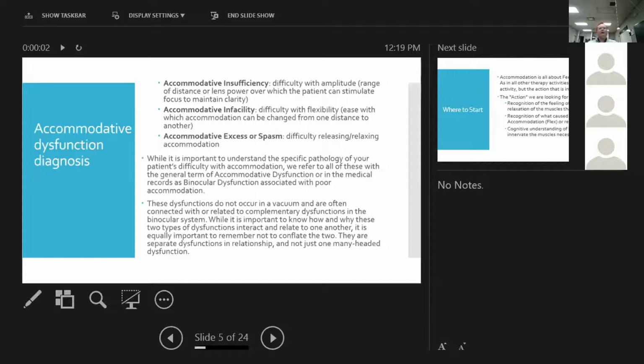So what are some of the dysfunctions that are associated with the accommodation system? The very first one is just accommodative insufficiency, okay? This is a difficulty with amplitude. The way I talk about amplitude is that it is all about the range that they can get.